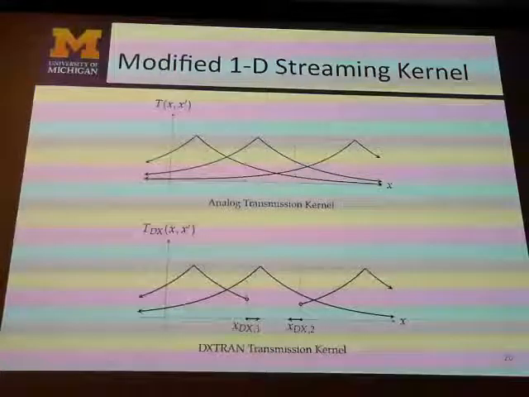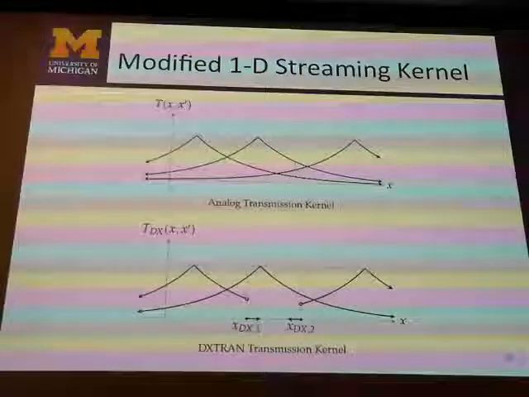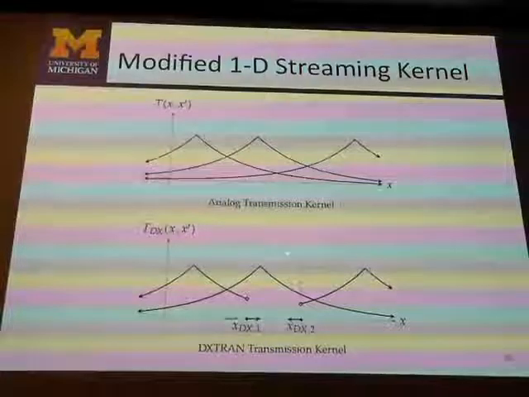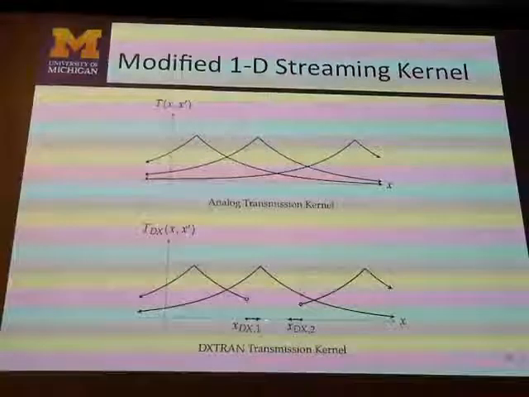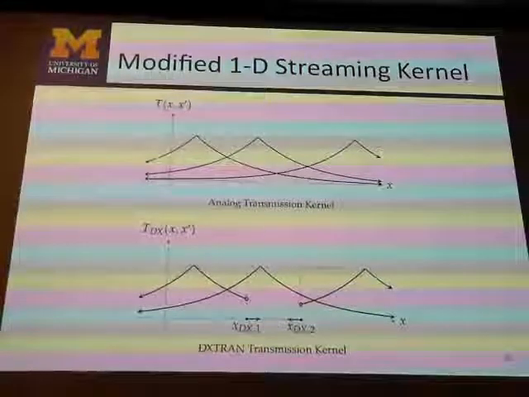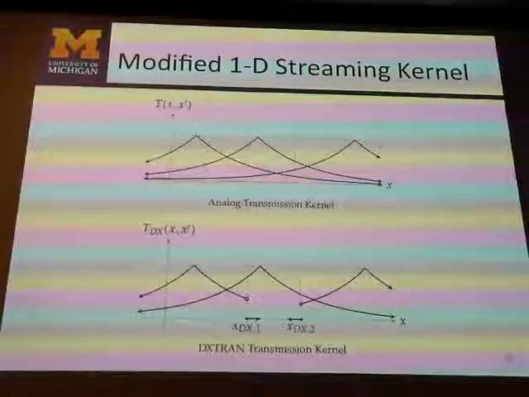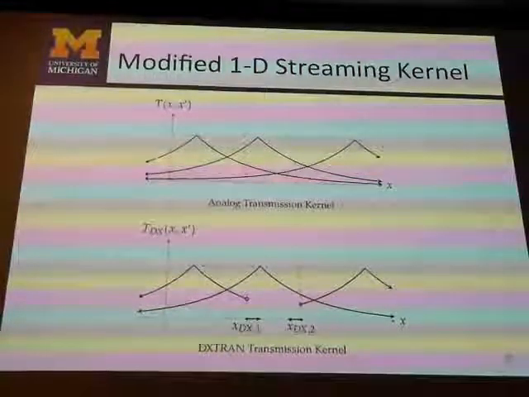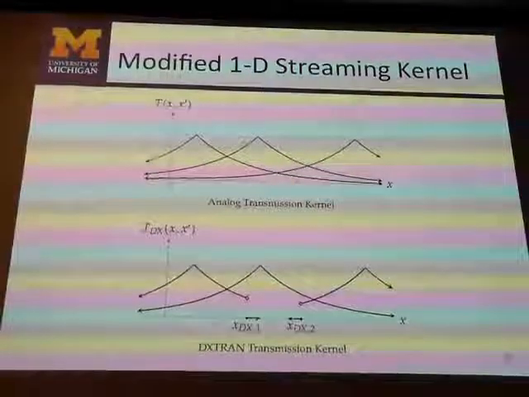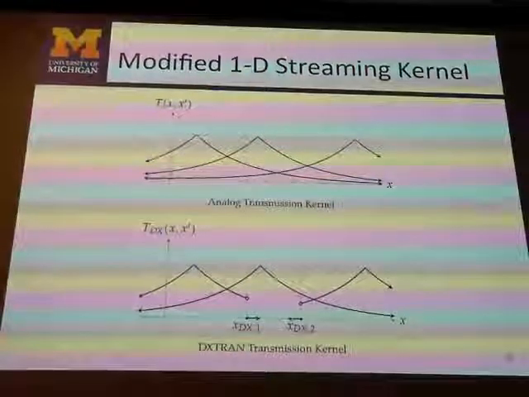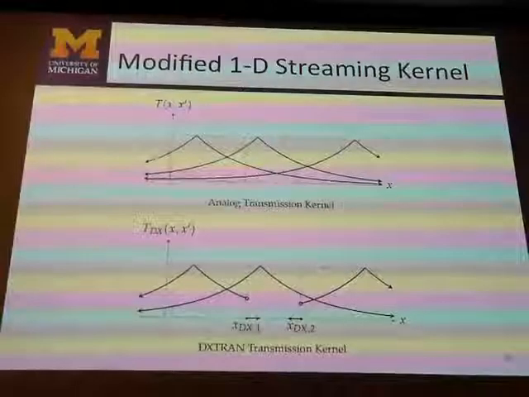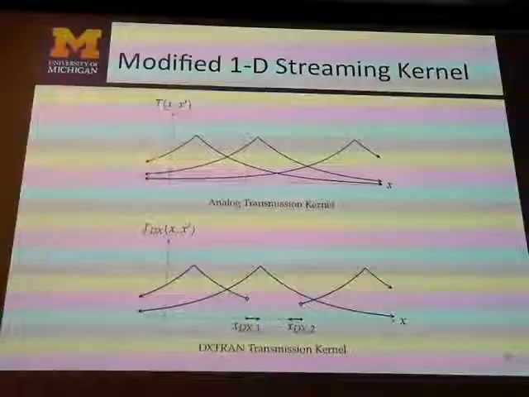It's just standard e to the minus sigma_t x. Now when we do DXTRAN, we have a DXTRAN region from here to here in slab geometry. If you're inside the DXTRAN region, everything's normal. But if you're outside, we have to lop off the tail of the exponential when it reaches the sphere, because any particle that happens to reach it has to get killed off, basically.